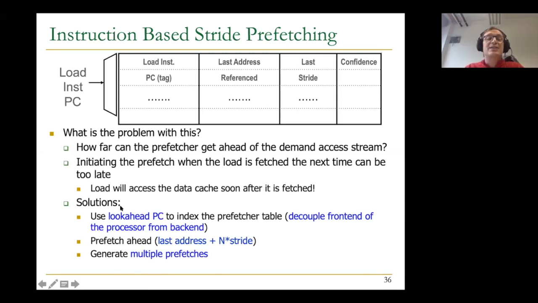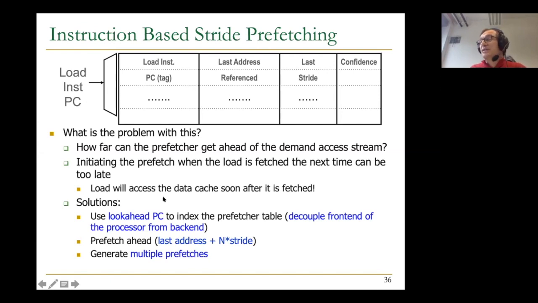So these folks said that, if I run ahead, and run ahead is actually an overloaded term, but if I look ahead in my front end and keep fetching instructions, I can have a look-ahead PC, and this program counter can be used to index my prefetcher table. Then I'm essentially looking ahead in the instruction stream while the backend is stalled.